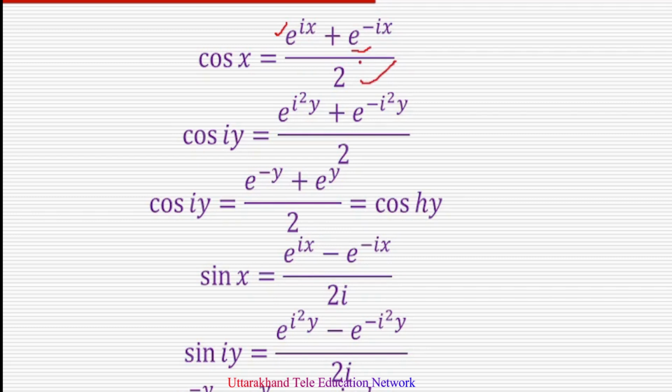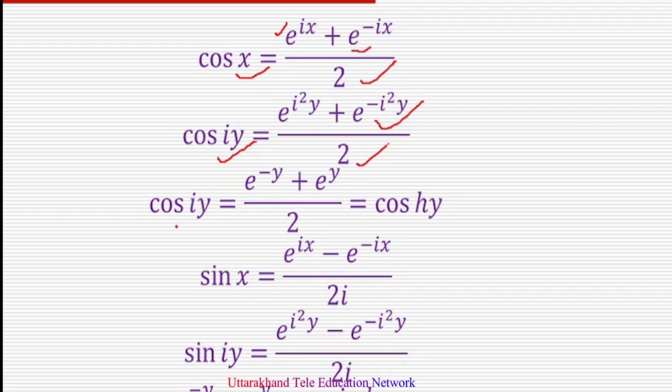Now if we replace x by iy, then we get cos iy is equal to e raised to power i square y plus e raised to power minus i square y over 2. Now we know that i square is nothing but minus 1.